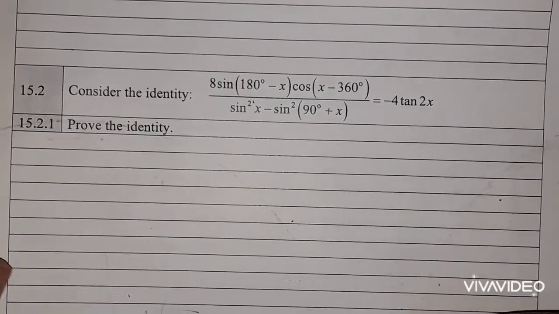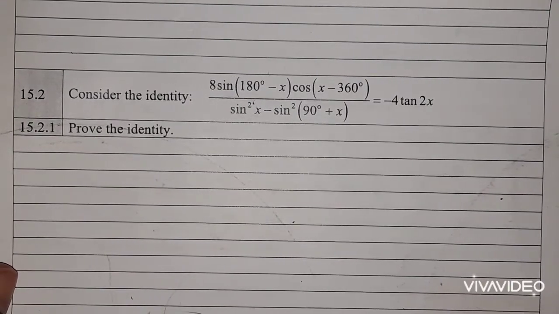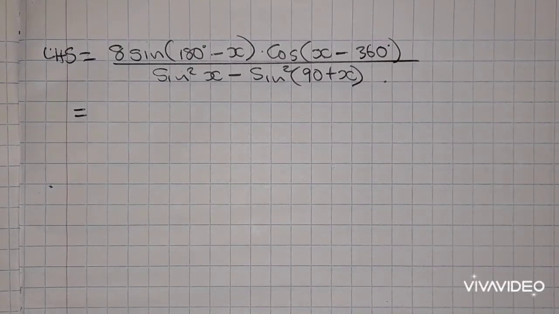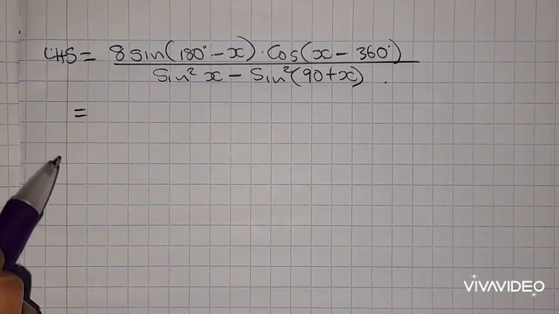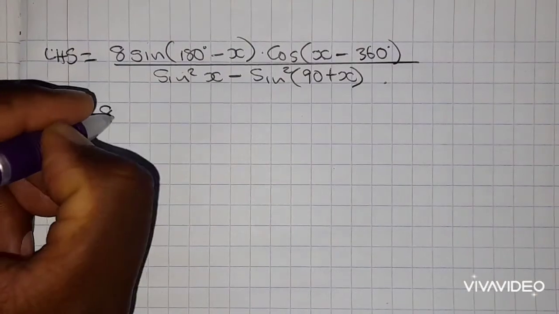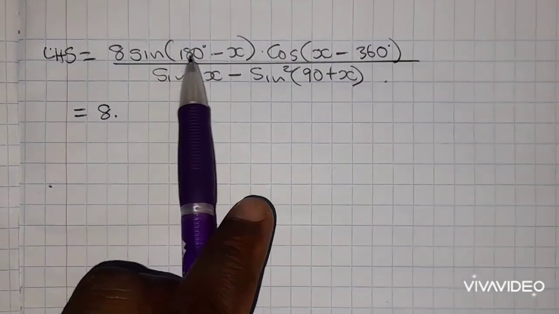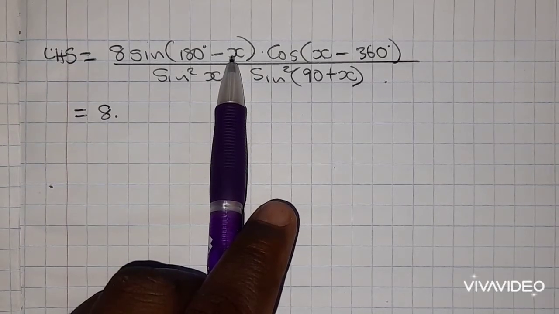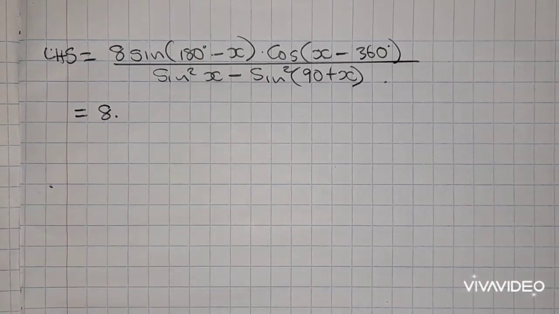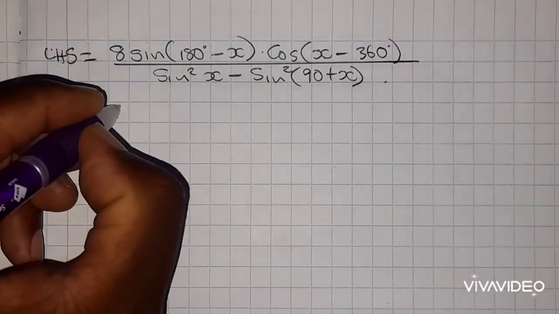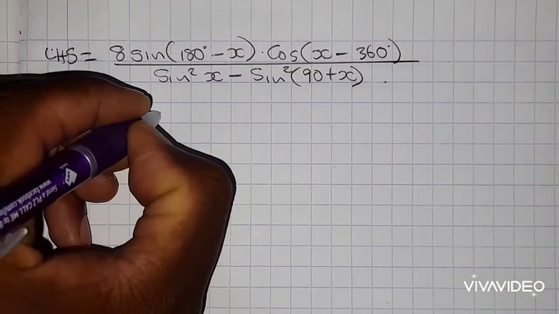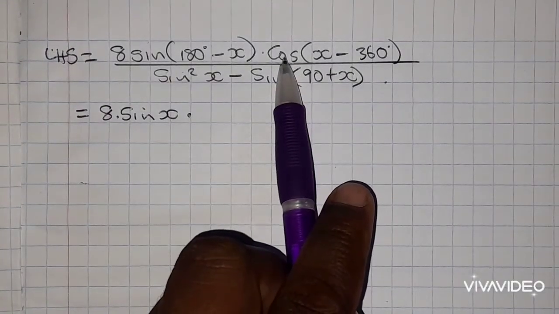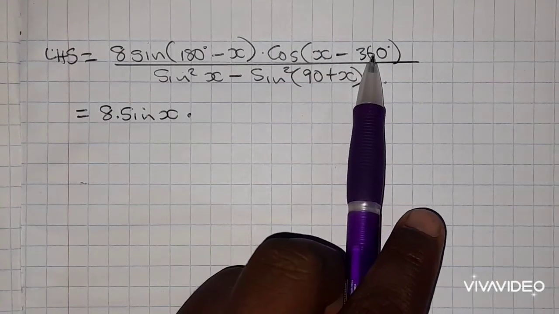So with this one, let's start with the left hand side. The left hand side is equal to this. This is 8 multiplied by sine (180 minus x). This is a reduction formula. It's in the second quadrant and sine is positive in the second quadrant. So this is sine x multiplied by cos (x minus 360).